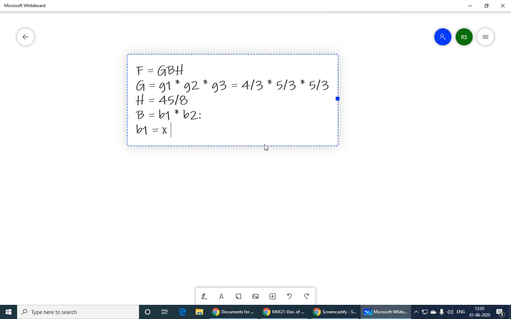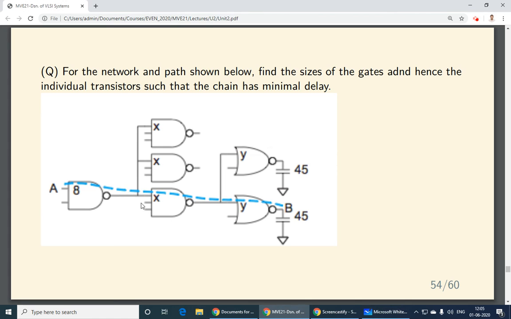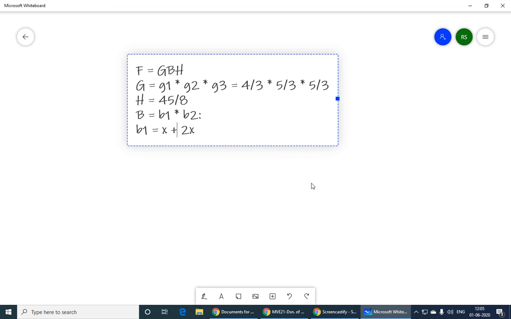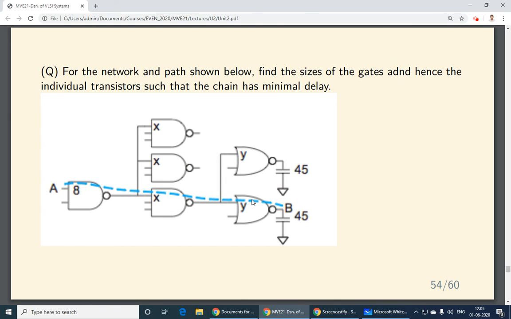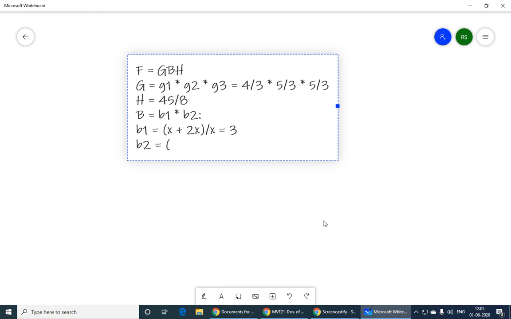X. X plus what is the total off path capacitance? X. So that is 2x, and the whole thing divided by C on path is x. So this is equal to 3. And similarly B2 equal to, we have on path is y, off path is y, so y plus y divided by y equal to 2. Therefore B equal to 3 into 2 equal to 6.